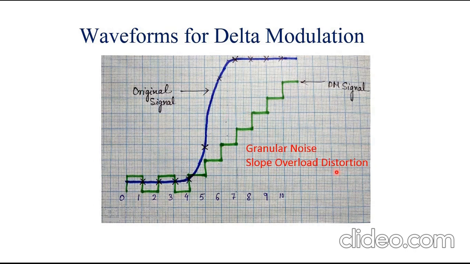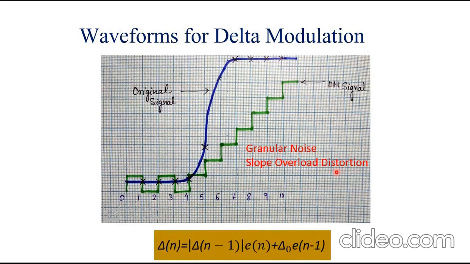Okay. So for that step size logic control could be explained by a mathematical expression. See, at sampling time n, the step size delta n is given by delta n equal to mod of delta n minus 1 into En plus delta 0 into E of n minus 1.